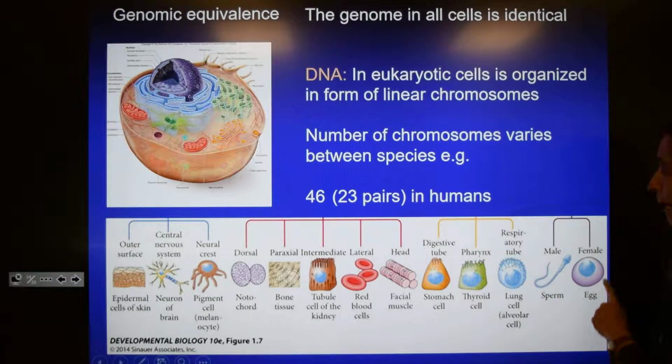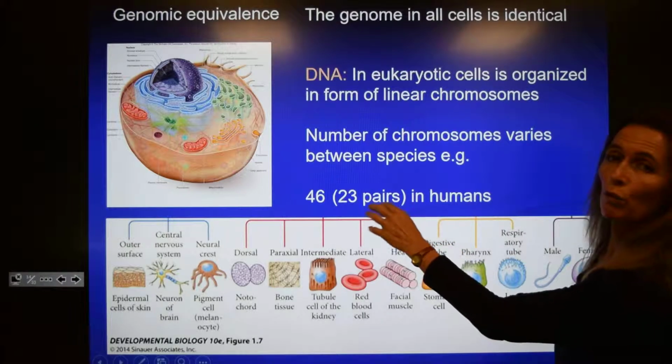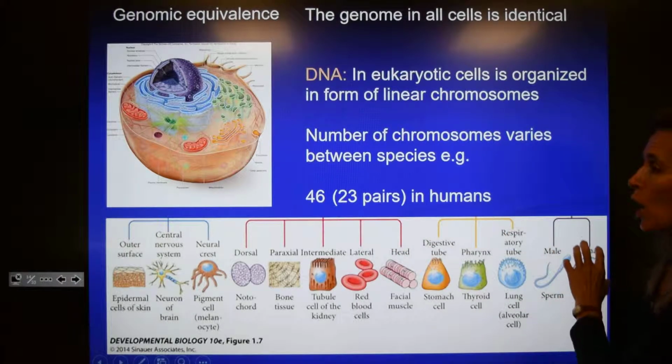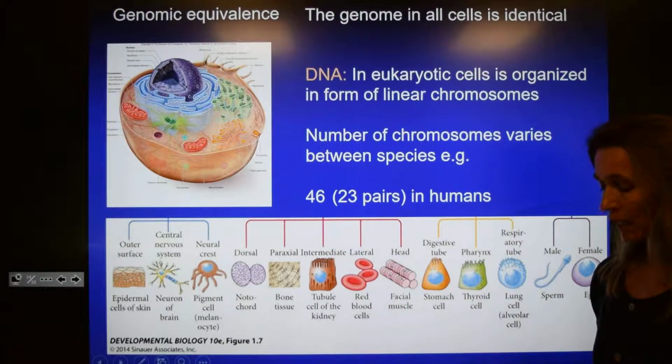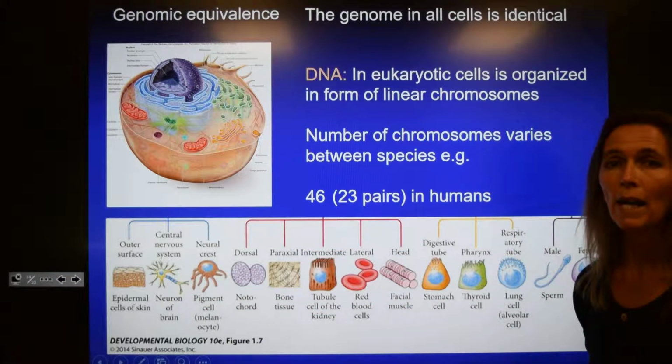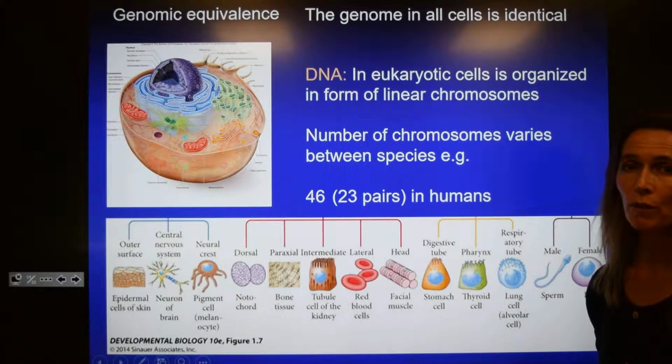They undergo meiotic division, a reduction division, and for that reason they only have one chromosome set, so only 23 chromosomes. All the somatic cells that make up the rest of the body have a set of two chromosomes.